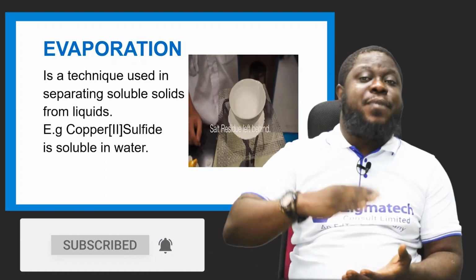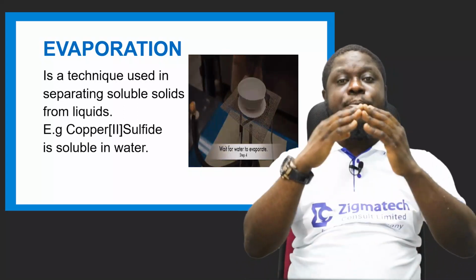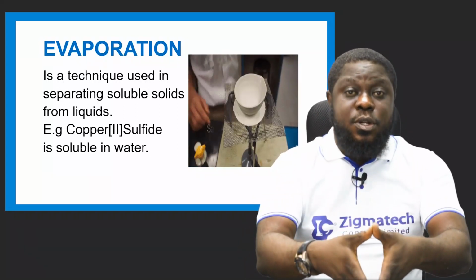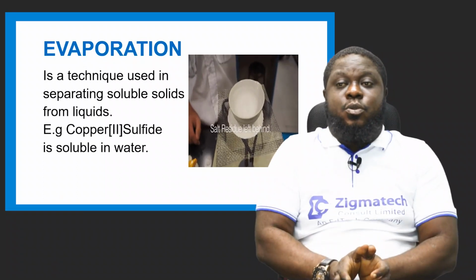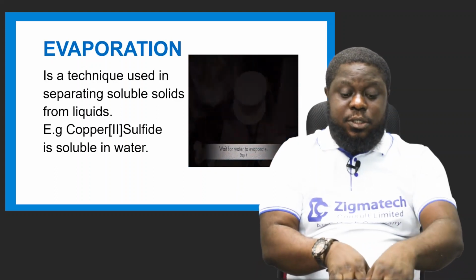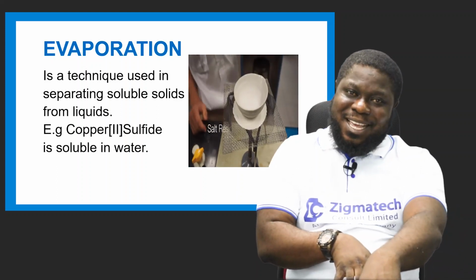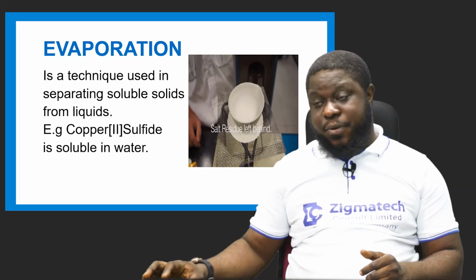Eva means up; for it to go up, it must change to a gaseous state. When it leaves the pot, the salt remains. In essence, this salt and water has been separated via evaporation.